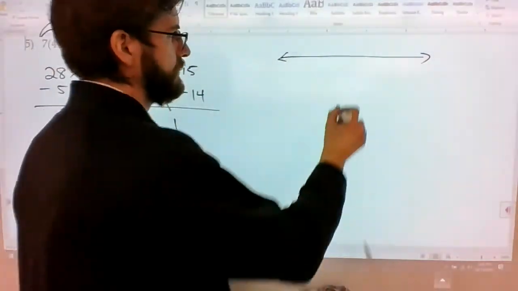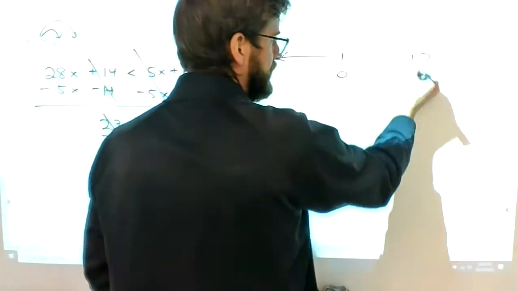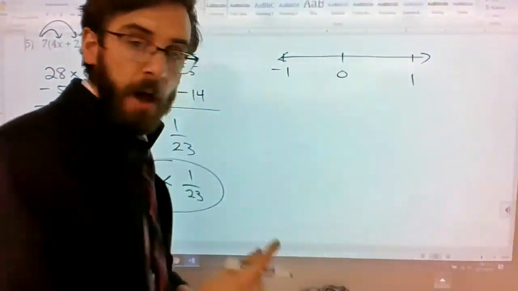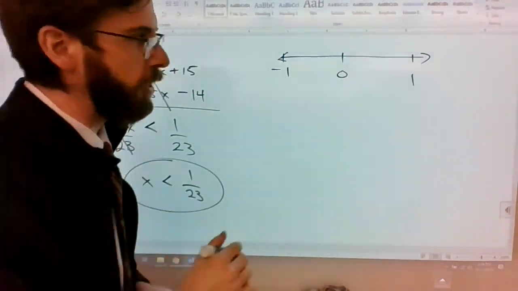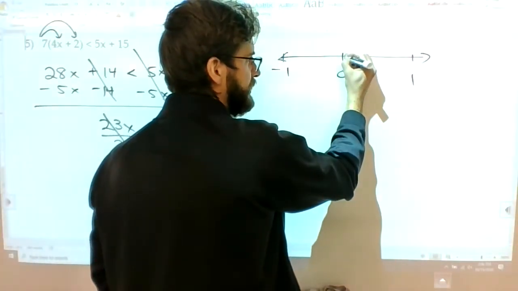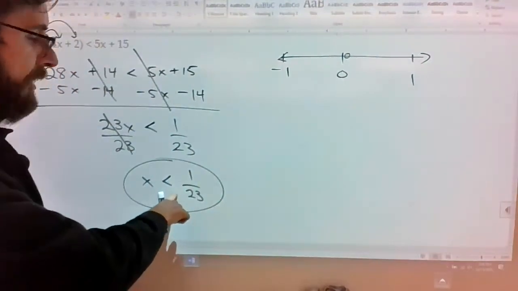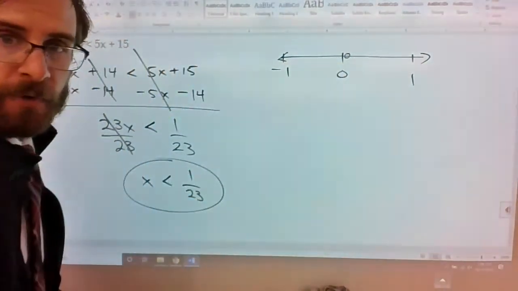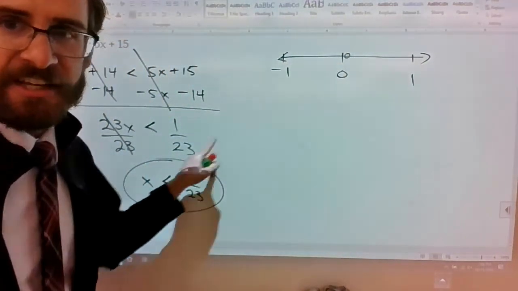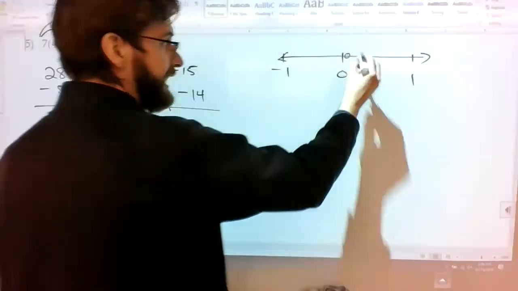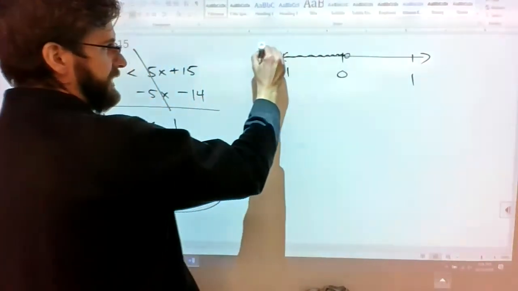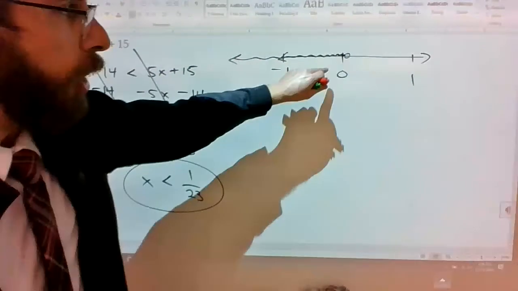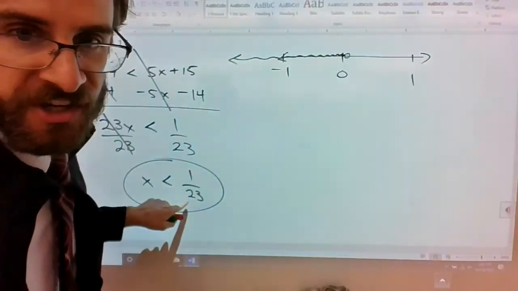Well, there's a couple different ways. Here's one way. You could say, here's 0, here's 1, here's negative 1. 1 over 23 is so small that it's right here, just right of 0, okay? If it's less than, it's an open circle, and it's moving everything to the left. So all these numbers on the number line are solutions to that inequality.